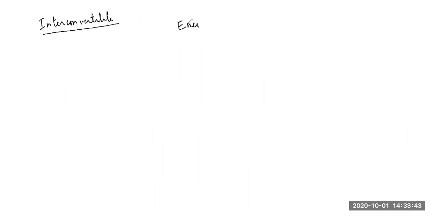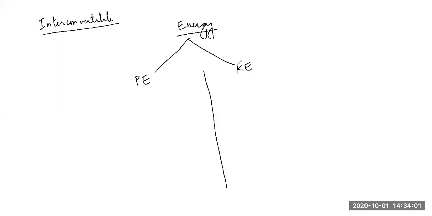So see students, the mechanical energy. Kinetic energy and potential energy are both known as mechanical energy. What is potential energy and what is kinetic energy? Students who don't know, please listen very carefully. Kinetic energy is possessed by a body.